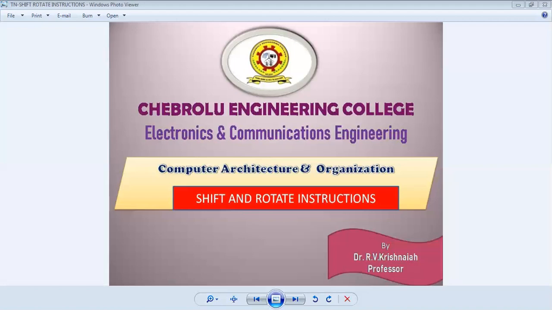This 0 is moved to this place, as well as this 0 is moved to C. By moving left, one bit is empty at the right side. That empty bit is filled with whatever is moved to C. Here 0 is moved to C, and the same 0 is moved to the rightmost bit of the register. That is after the first shift. All of you should remember this: rotate left, rotate left, rotate left.